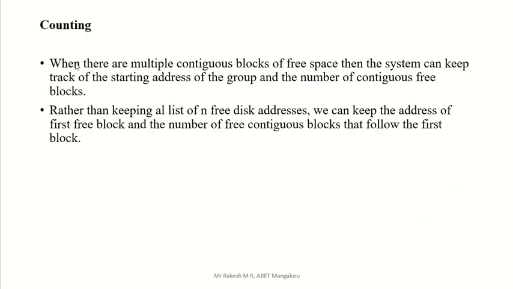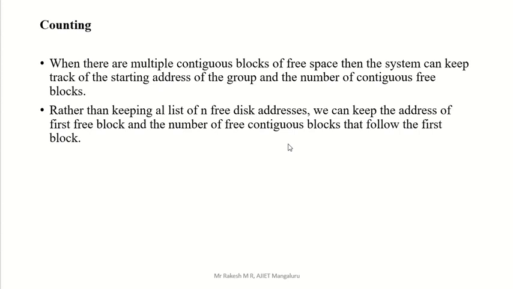Last one is counting. When there are multiple contiguous blocks of free space, the system can keep track of the starting address of the group and the number of contiguous free blocks. In the previous grouping concept, in the first block itself we store all the addresses of the next free blocks. But what is counting?